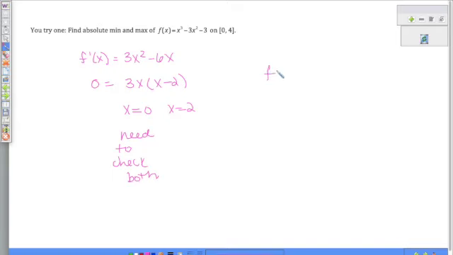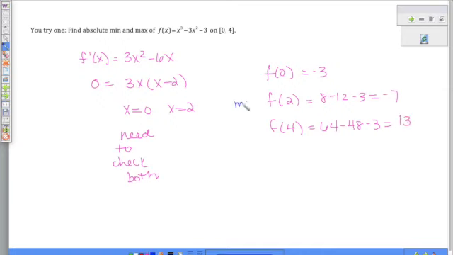So I've got to do f of 0, which is negative 3. I've got to do f of 2 and f of 4. So f of 2 is 8 minus 12 minus 3. What's that? Negative 7. And f of 4 is 64 minus 48 minus 3, getting 13. All right, so this is very clearly my minimum value, and this is very clearly my maximum value.